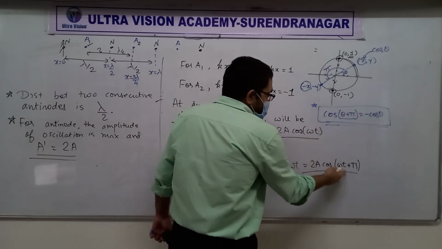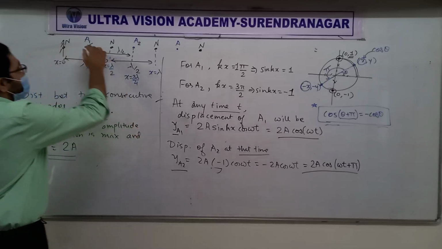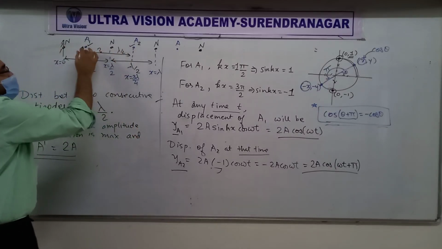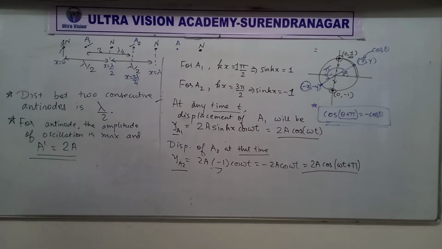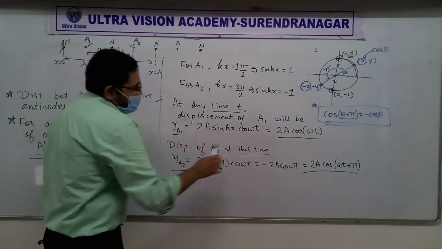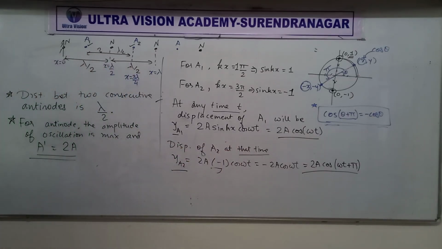So what is the phase difference between A1 and A2? You can find it exactly, even from here, or by the formula that you have written. How much will be the phase difference between A1 and A2?